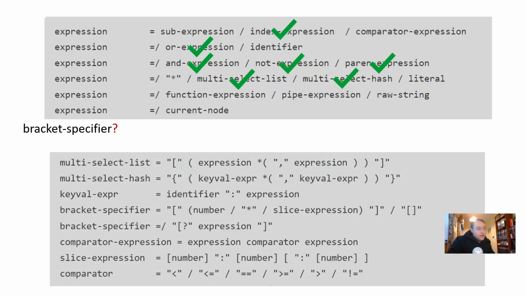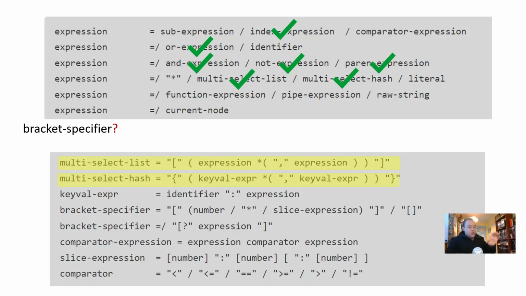0 or any number. Multi-select hash, again, you're going to have a literal opening curly bracket, a literal closing curly bracket, any number. Notice that asterisk, any number of comma, and then a key val expression. A key val expression. Think back to a multi-select list. A multi-select hash, well, you want to have a label in it and a selector, don't you?